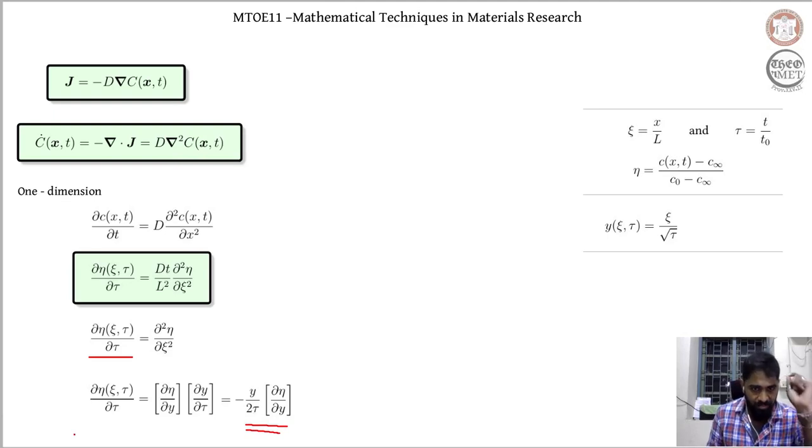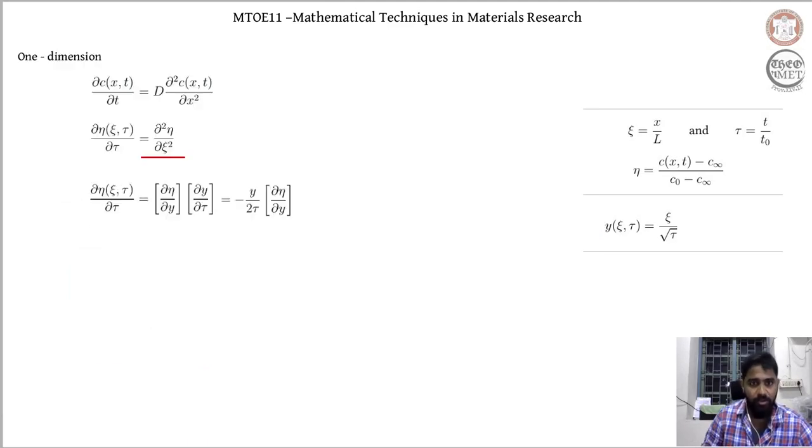So essentially I introduce my dummy variable, rewrite the left hand side of the PDE using the chain rule in this form, solve this term using the relation of my dummy variable, and end up with an expression like this. So ultimately I have an expression for the left hand side of my equation, and that is something like this.